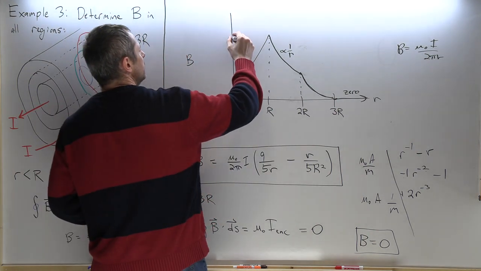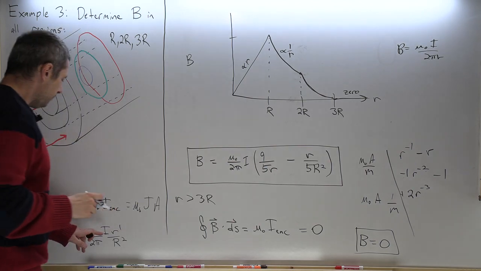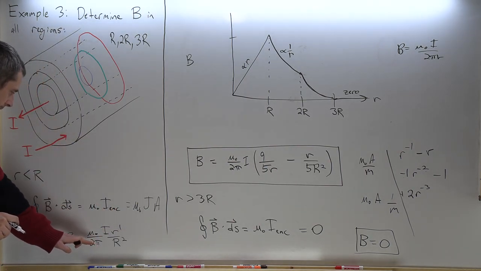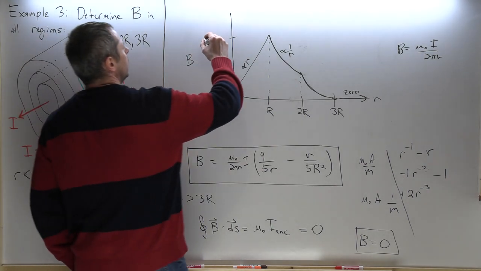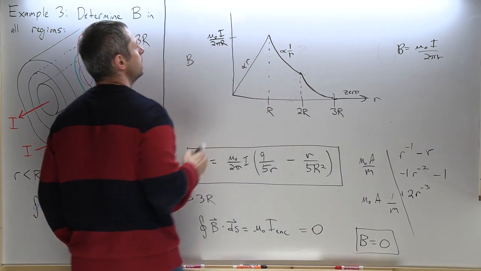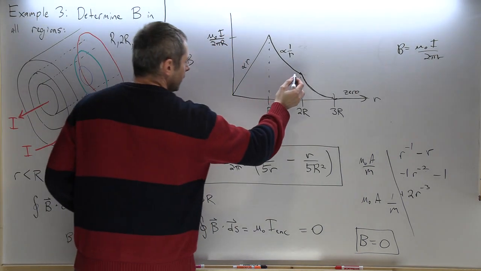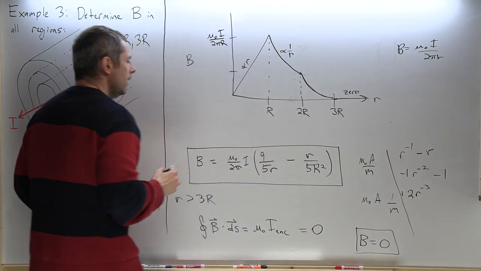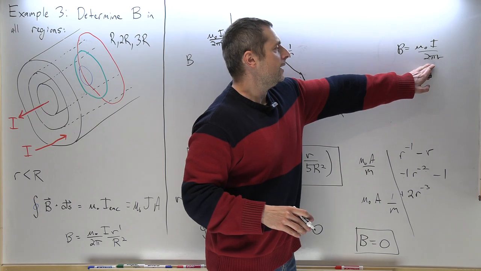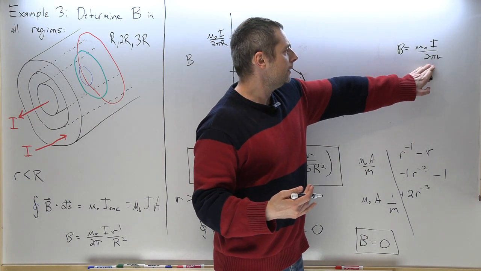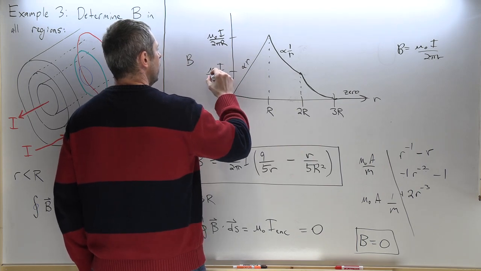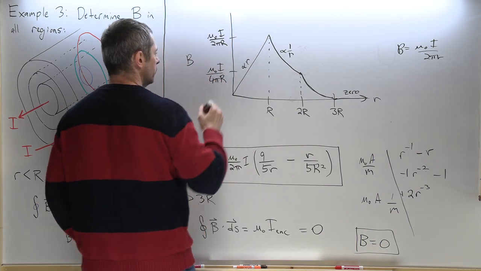All right. We could also put transition values here by plugging in capital R into this formula, which just gives us mu 0 I over 2 pi capital R. And we could figure out this transition value by plugging 2 capital R into this formula, which would give us mu 0 I over 4 pi r squared, or 4 pi r, sorry.